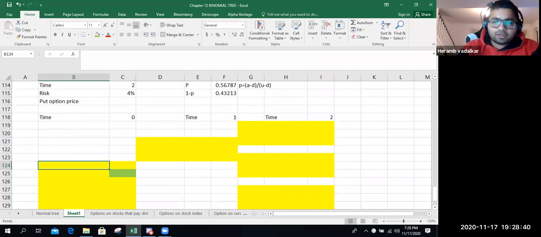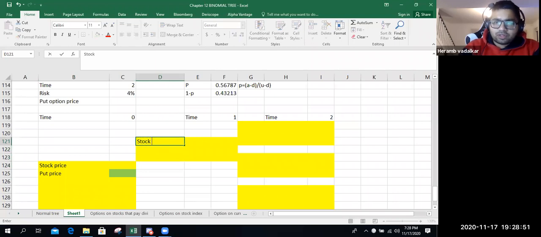Okay. So tree has stock price right now. We have to calculate put price. It can go up. So stock up. Okay. Then probability of going up and put price. From here again, it can go up.